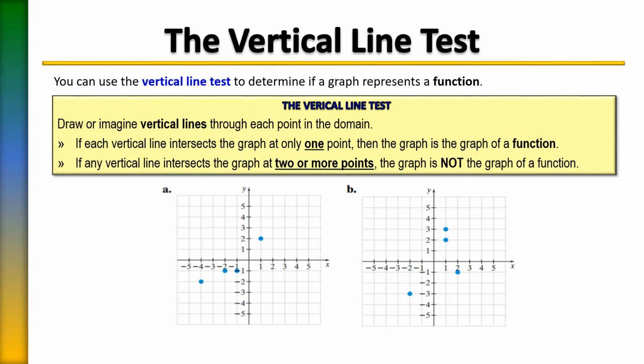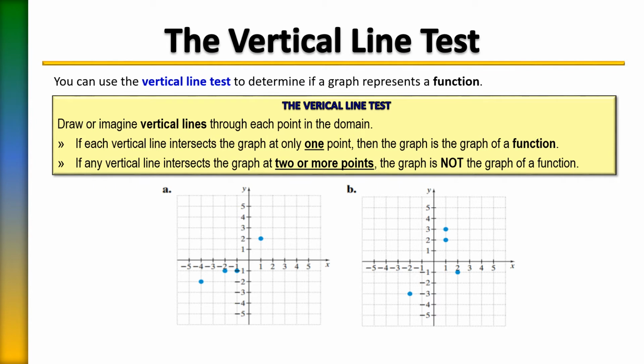Putting it in plain English, if you were to draw a line through each point in the graph, or if you have, for example, a parabola or whatever your shape is, when you draw that vertical line, if it touches that graph, that point, or that shape in only one point, then it's a function.